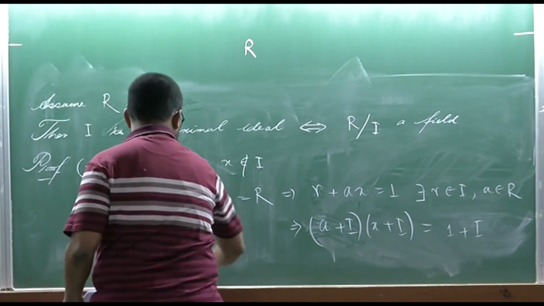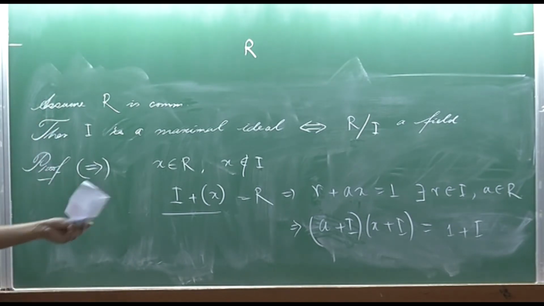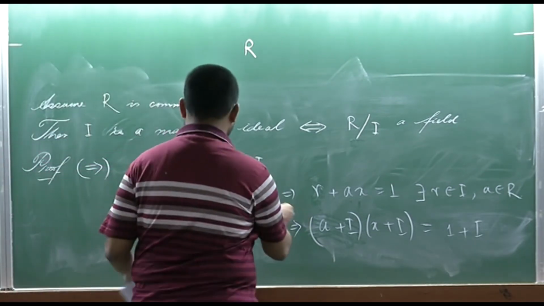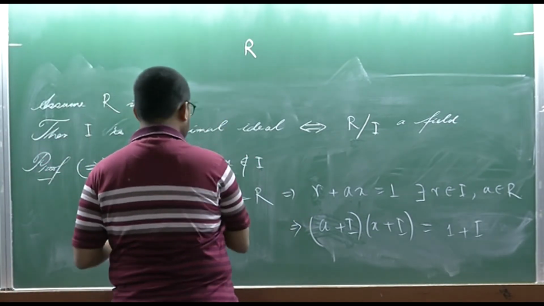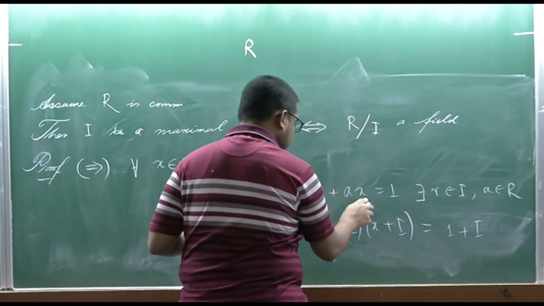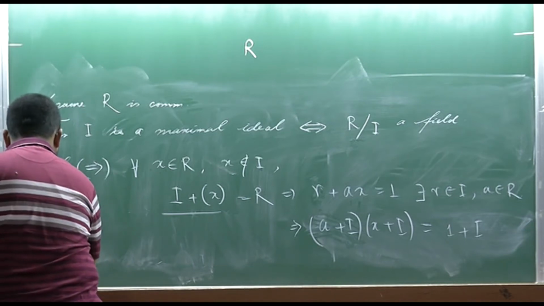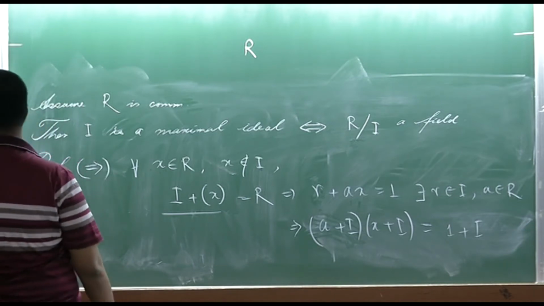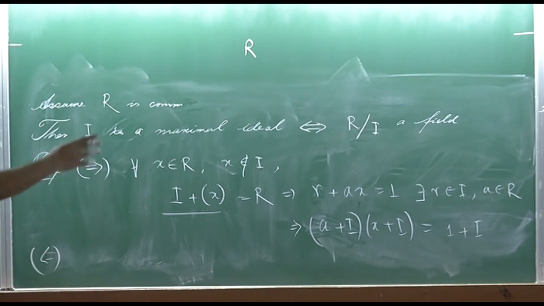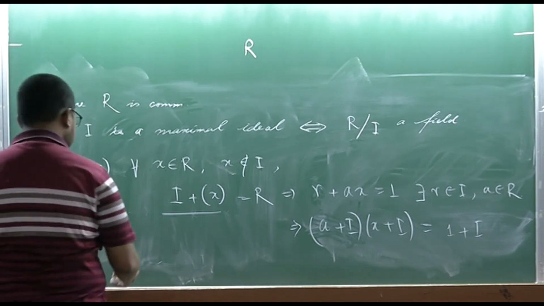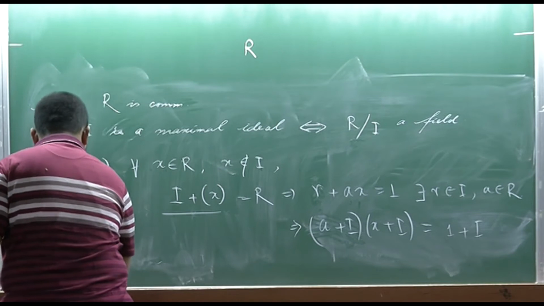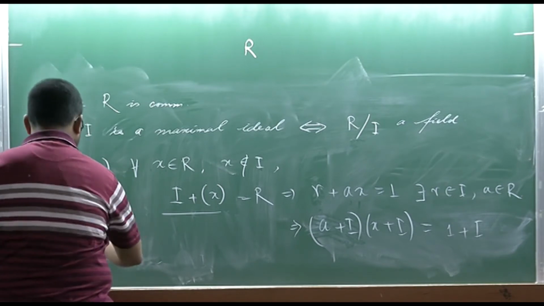Conversely, let me explain what we have proved here: for every x there exists r such that rx minus 1 is in I. This is exactly the crux. Then let's do the second part of the proof. Now, this is given to be a field. Again, the argument would be very simple.